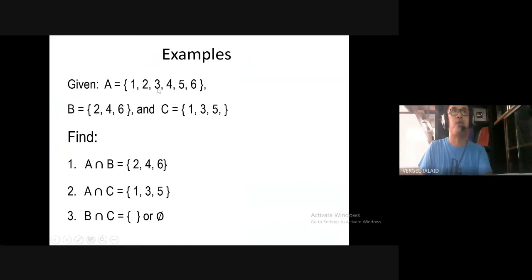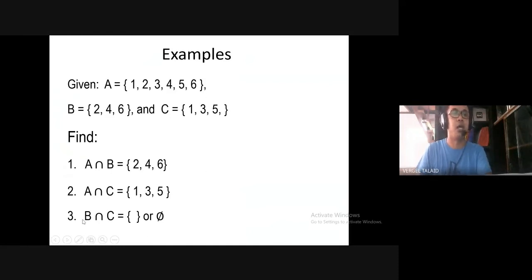Therefore, 2, 4, 6 is the intersection of A and B. How about the intersection of A and C? Their common elements are 1, 3, 5.